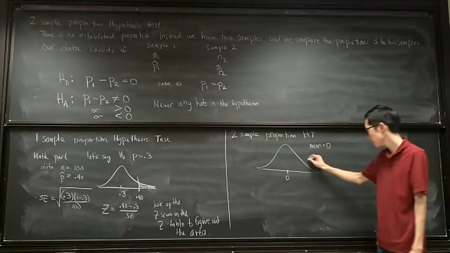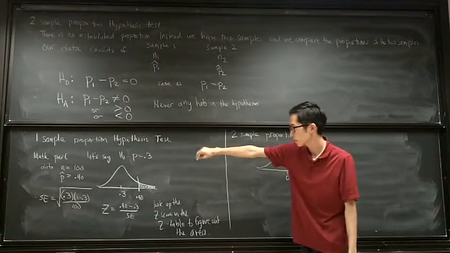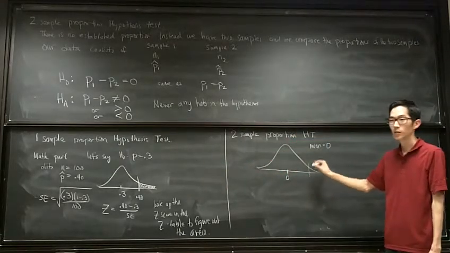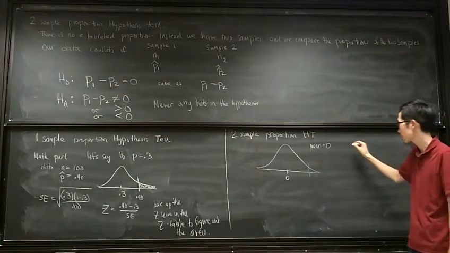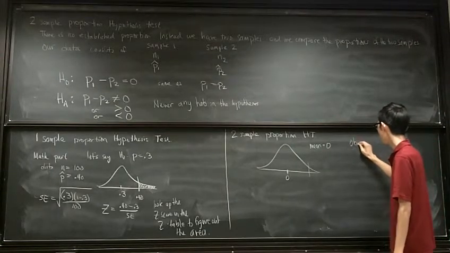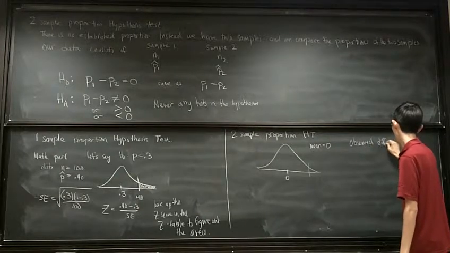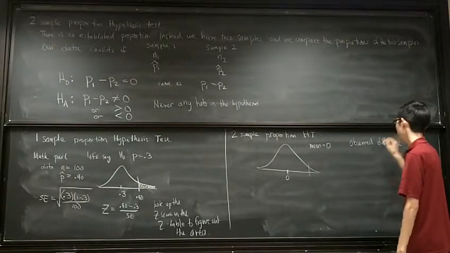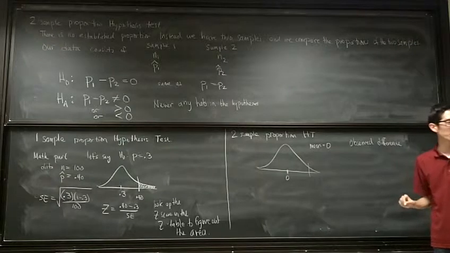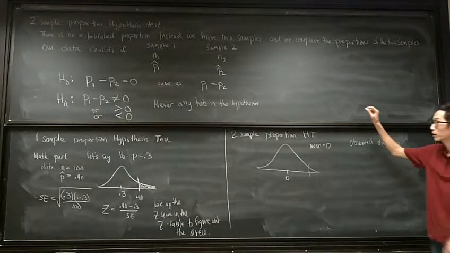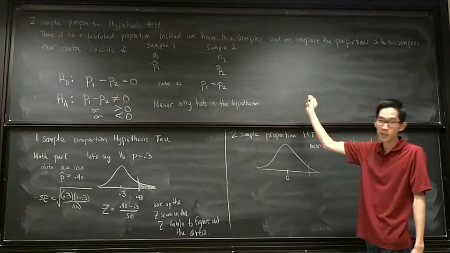And the value that I put here, just like finding where I'm located, is going to be the observed difference. How do I find my observed difference using my data? I'm going to take P1 hat minus P2 hat.